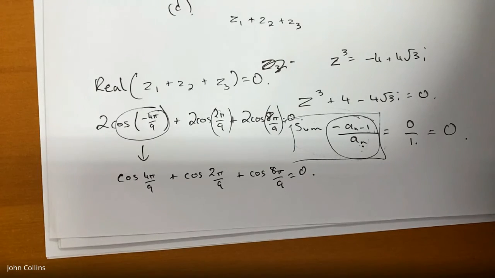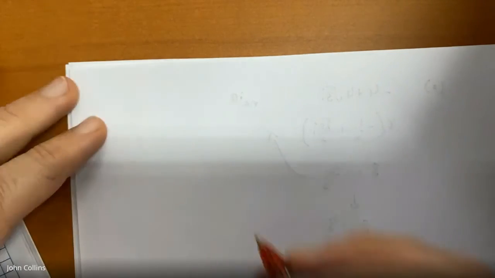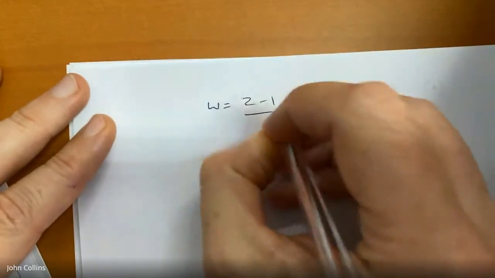Okay, so let's go back to question 4, which is the one I did do before class, my homework. So for part 1, I'll just write a bit of the question for the video.